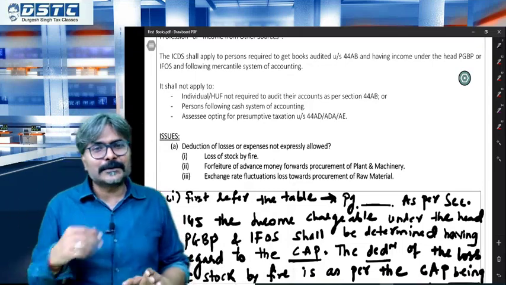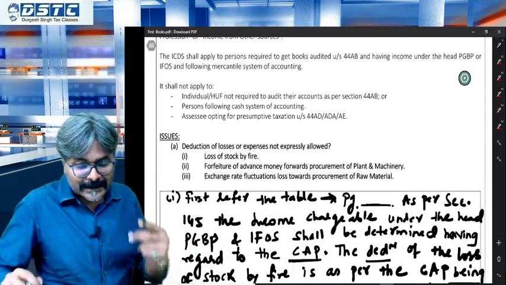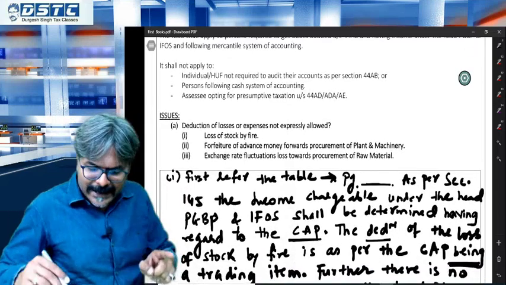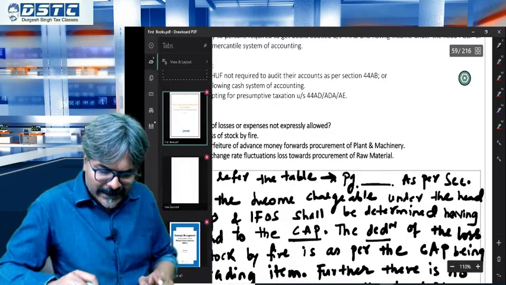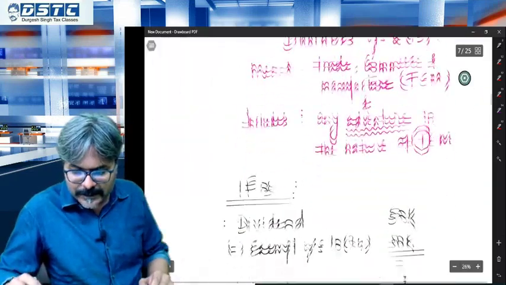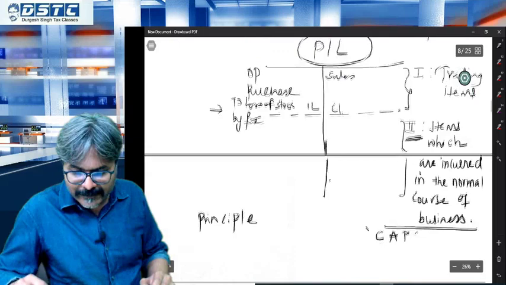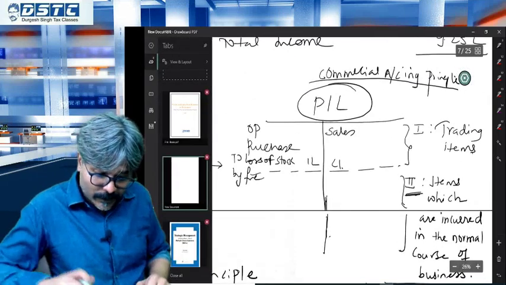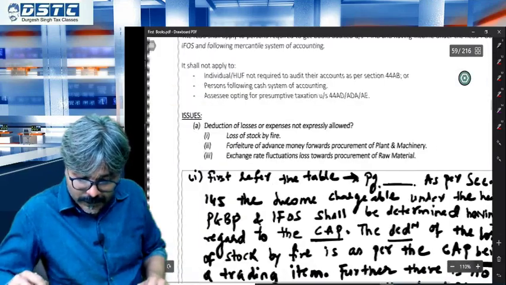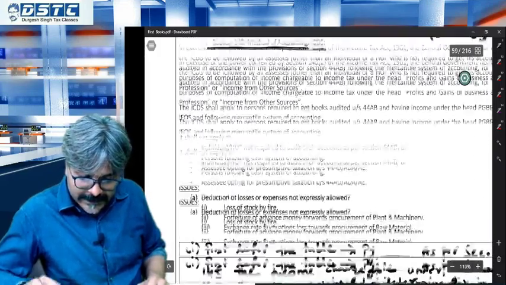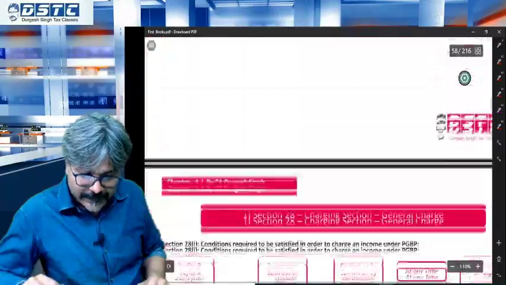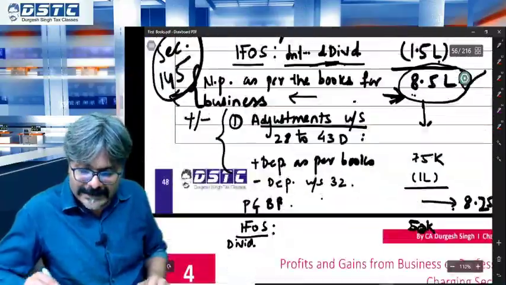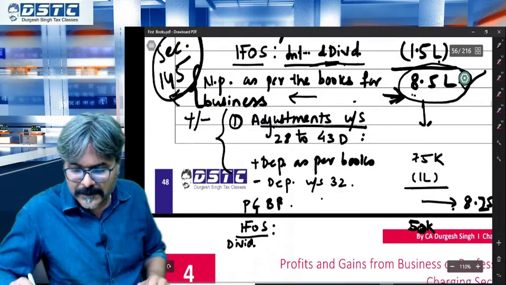If it cannot be accommodated, then our second question, what is the second question, students? The second question to be answered is, do we have any specific adjustment under the PGBP?